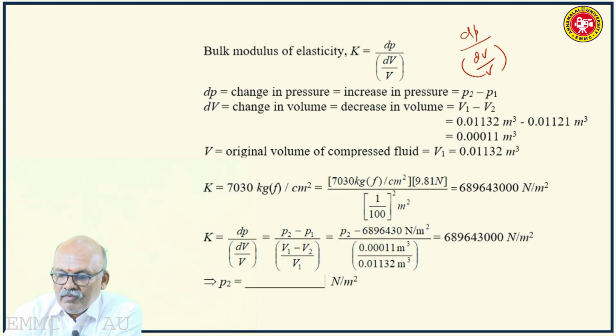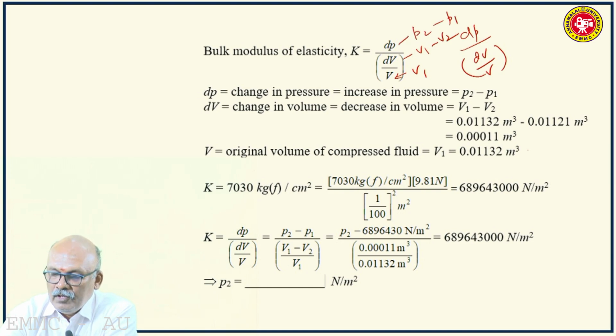Now, original volume of the compressed fluid is this much, that is V1. So, V is V1, dV is V1 minus V2, dP is P2 minus P1. V1 is the original volume, V2 is the new volume after increasing the compression. P2 is the increased pressure and P1 is the original pressure.